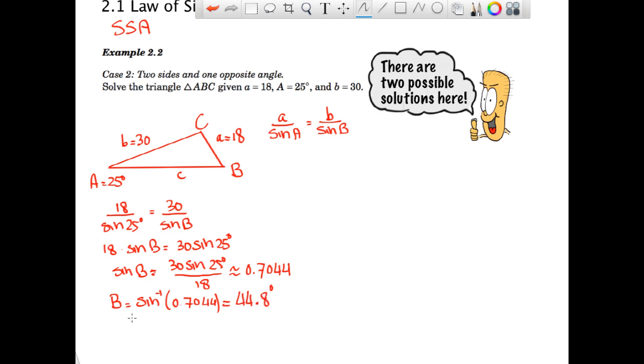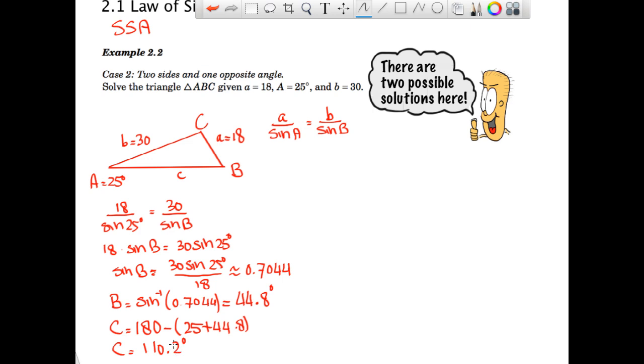I can now continue, and if I know B is 44.8, then I can find the last angle, C, and I could say, well, C must be then 180 minus whatever 25 plus 44.8 is, right? So 25 and 44.8, that's 69, so it's 70. So C is 110.2 degrees.